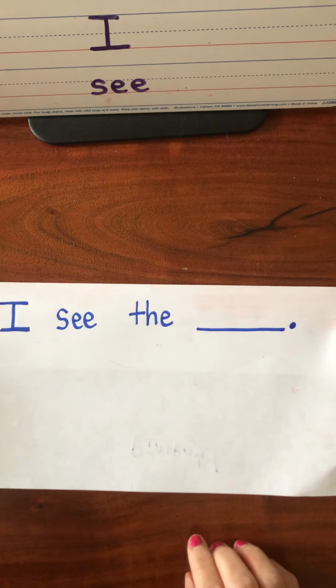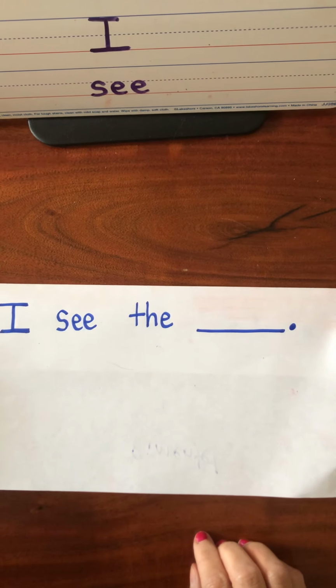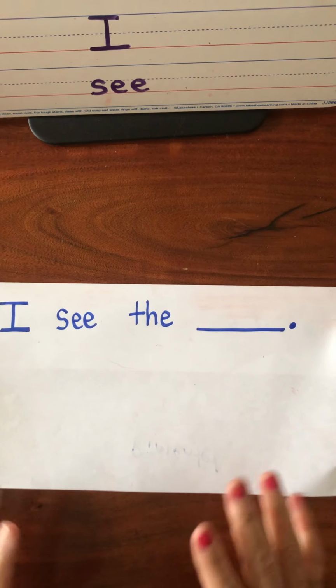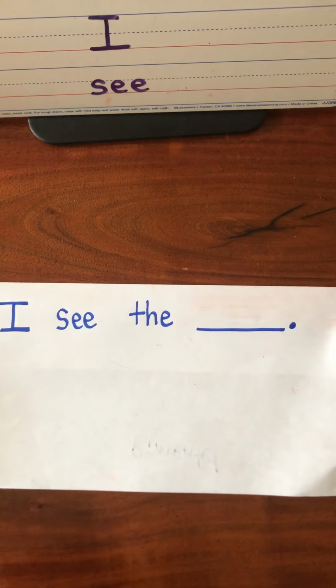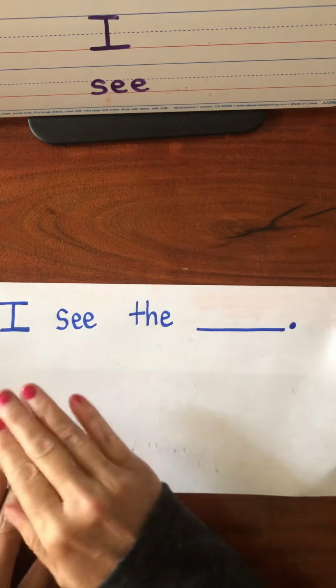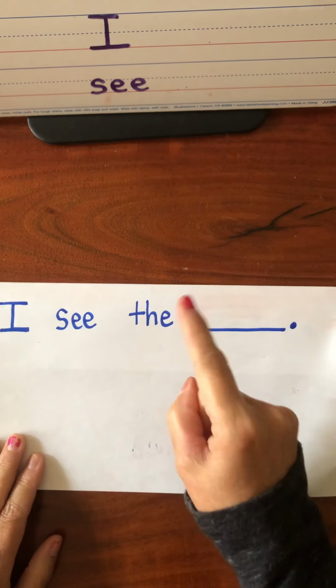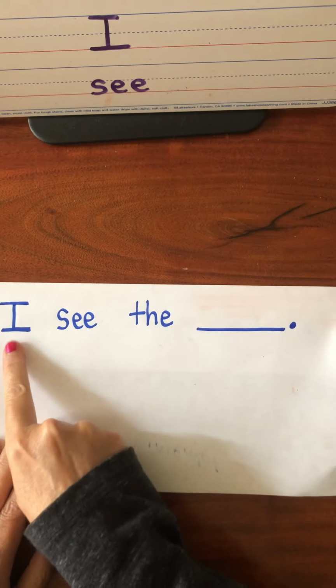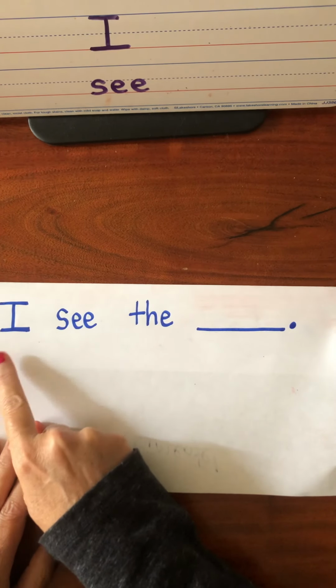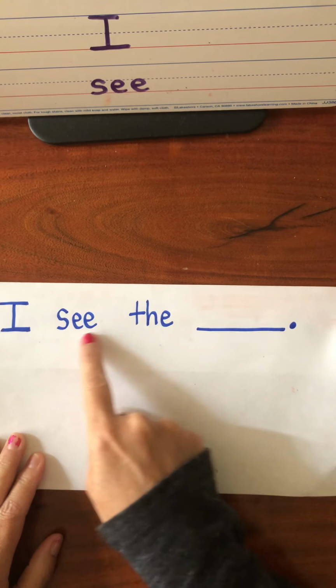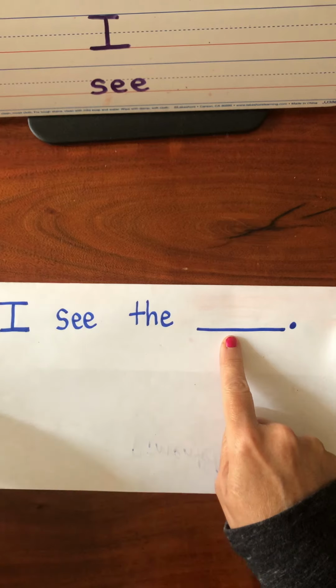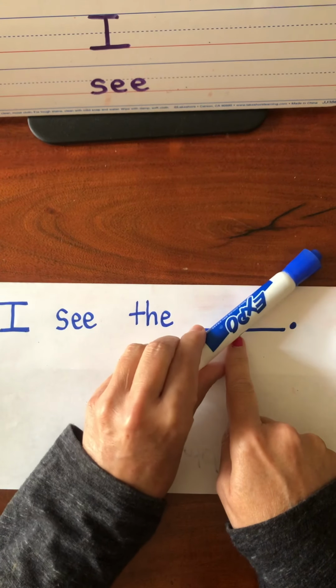There are many things that you could put on there, and then you're just practicing, making sure you're using your pointer finger, running it to each word as you're saying it. I see the, and whatever you have, the Expo pen.